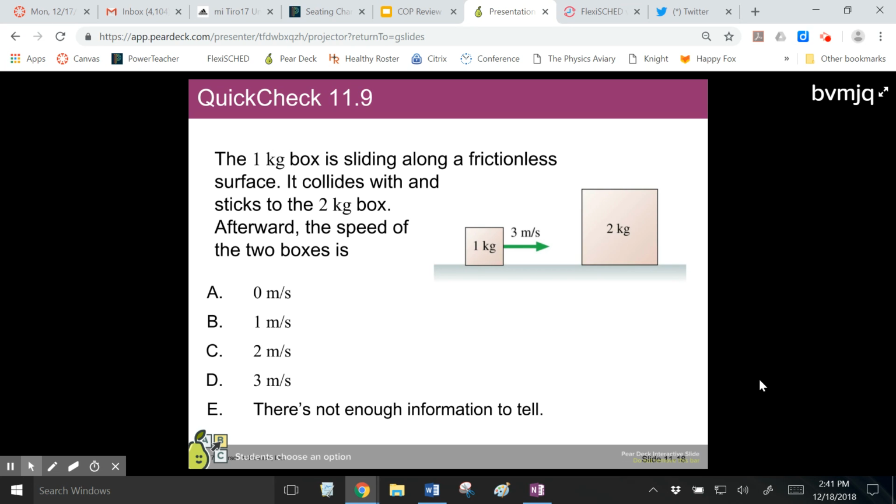The initial momentum of the first box is 3 kilogram meters per second, and the final object is 3 kilograms, but the momentum is the same because of conservation of momentum. So 3 kilogram meters per second divided by 3 kilograms. There you go.